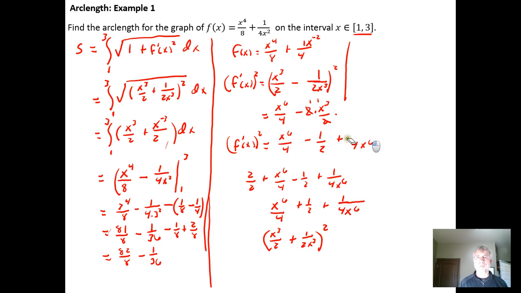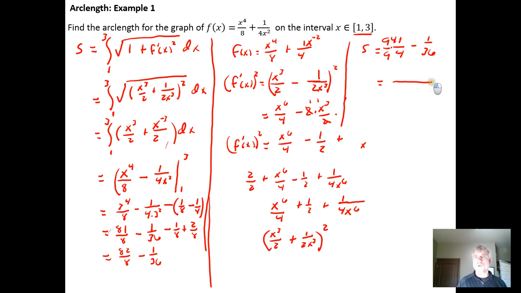And then I'm going to come up here because I'm kind of out of room. Give myself some space here. So continue to simplify. I have arc length equals 82 over 8, which is going to reduce, 2 goes in there, to 41 fourths minus the 1/36. So to get a common denominator, I need 9 over 9.